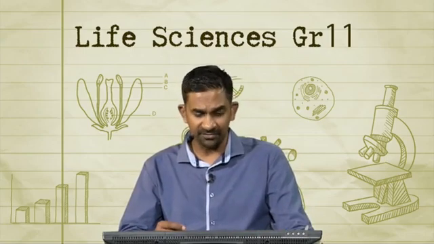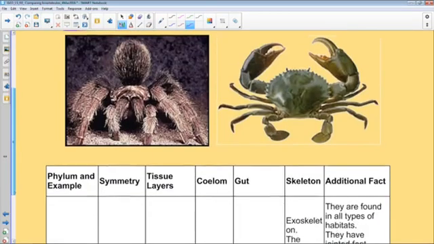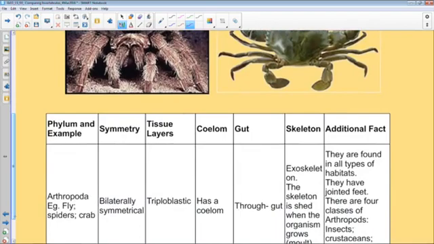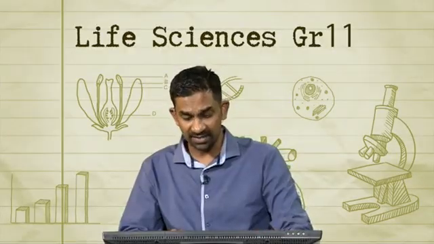So some of your creepy friends are here, and these are the spiders, and here we've got an image of a crab. So you've got flies, spiders, crabs. Most of the insects that we see all belong to the group Arthropoda. These are bilaterally symmetrical, and again we see this characteristic being carried on. Triploblastic, having 3 germ layers from an embryonic stage.